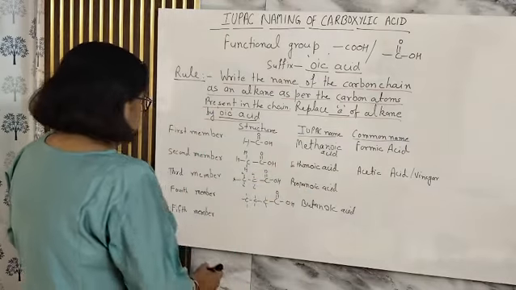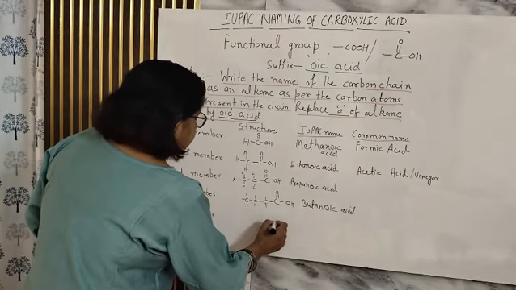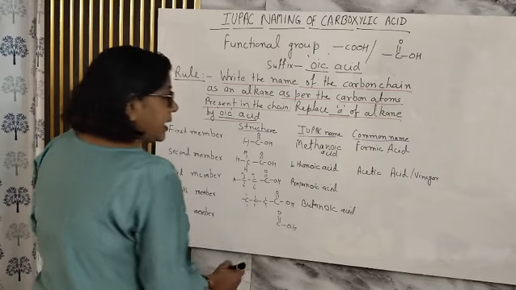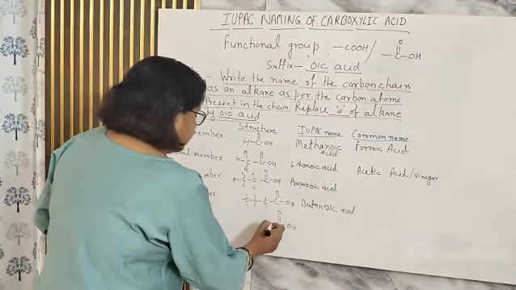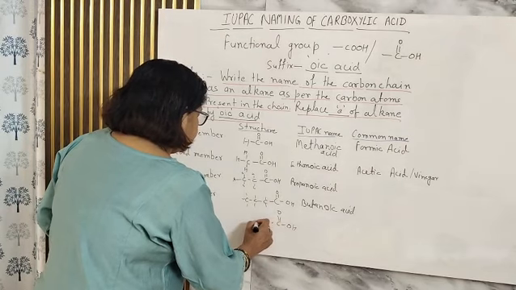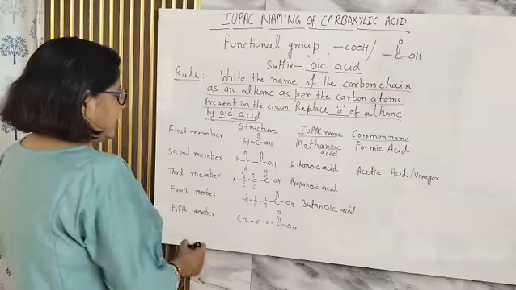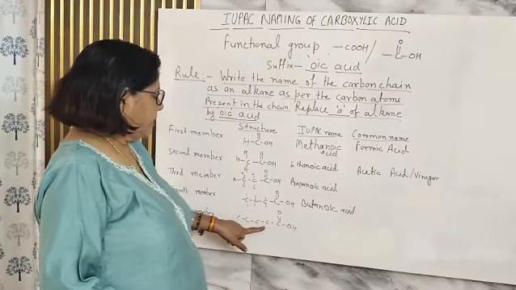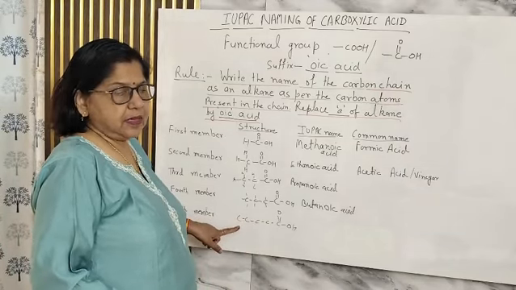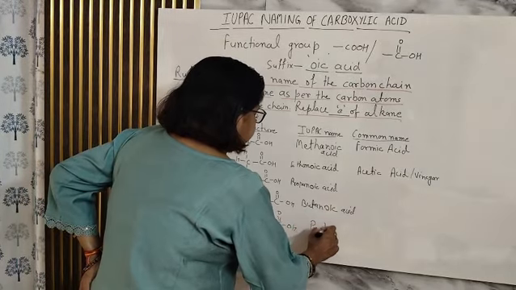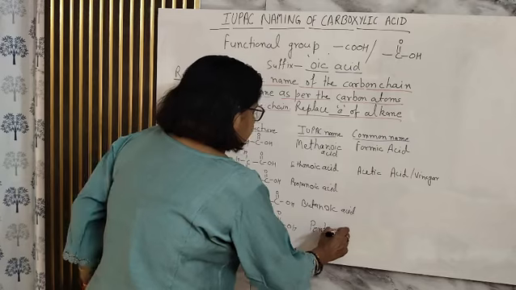And the last member for your syllabus has 5 carbons. So again I will draw this much and then 4 more: 1, 2, 3 and 4 carbon. Then the total becomes 5 carbons. For 5 carbons, the alkane is pentane.